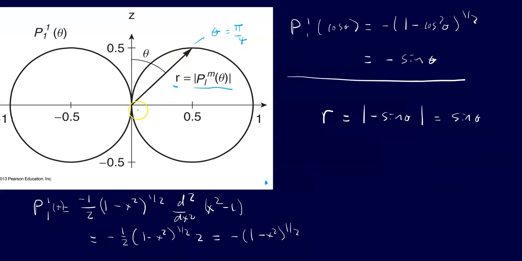So r equals that value here. If you look over here, right, at this point, again, this is our theta. This would be the point theta equals pi over 2, which, from this equation gives us r equals 1, just like it shows there.